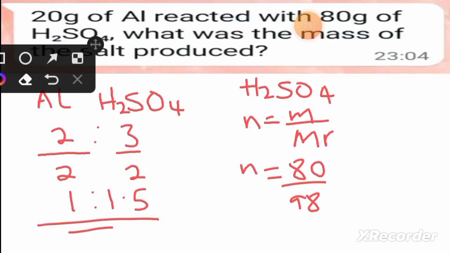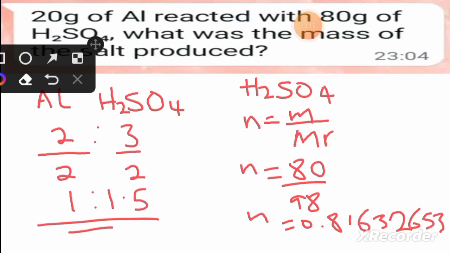Okay, so the number of moles of sulfuric acid is equal to 80 divided by 98. We are going to have 0.81632653.